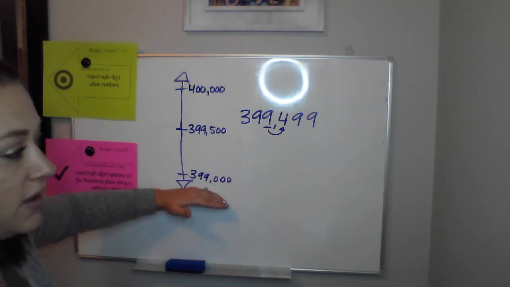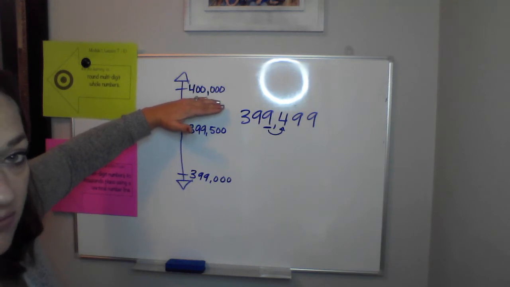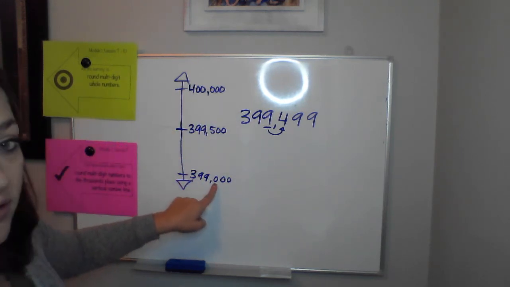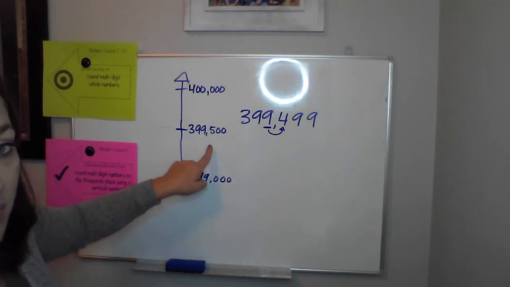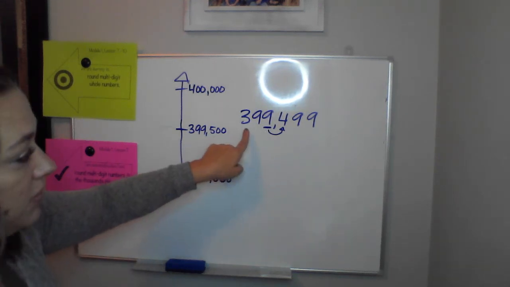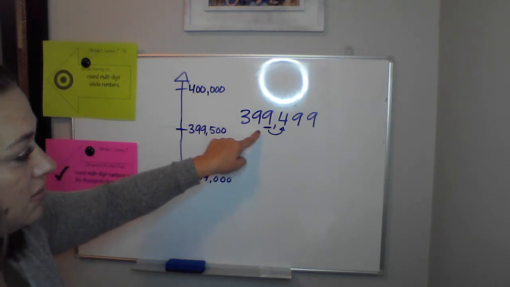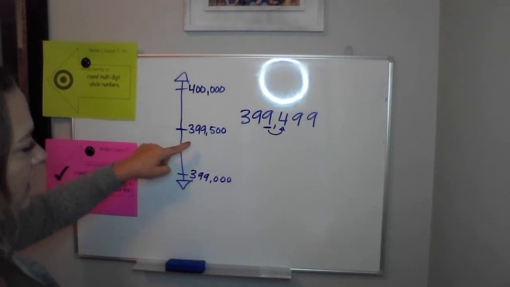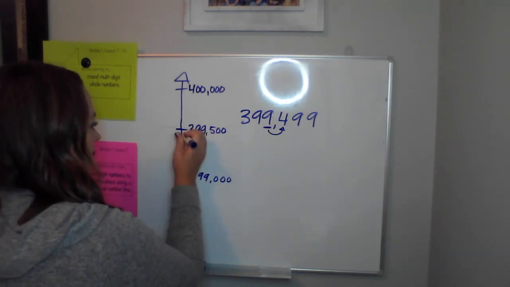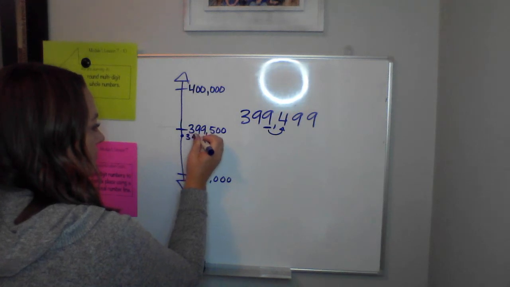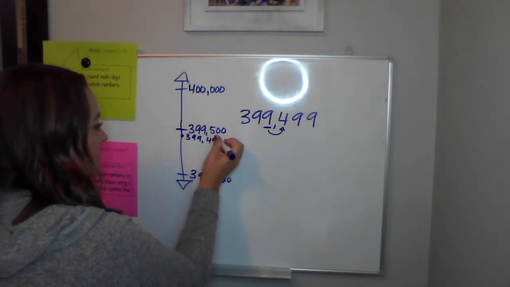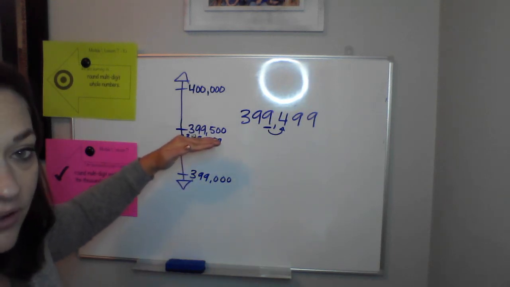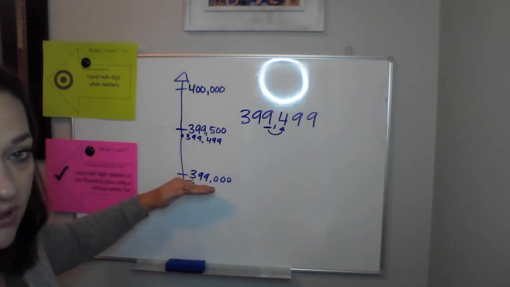I added 1 to that, give me 400,000. 399,000 plus 500 made my midpoint. Now I can plot my number. 399,499. We just barely less than our midpoint. But even though it's barely below that midpoint, it's still below it. So it follows that rule of we're going to round down.